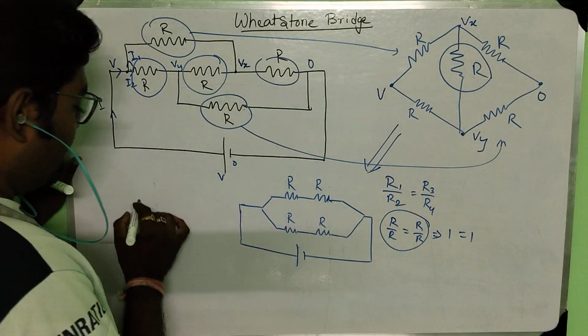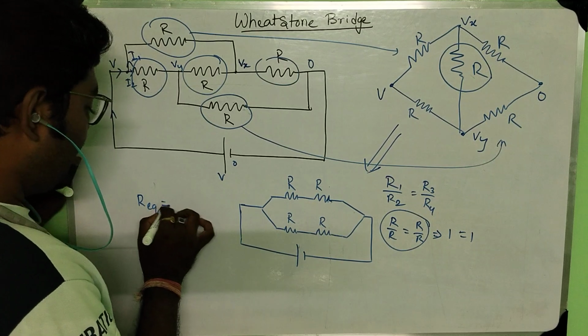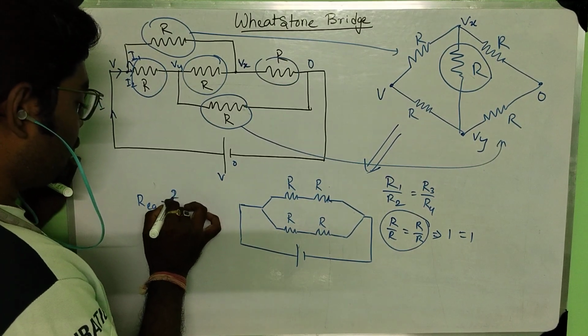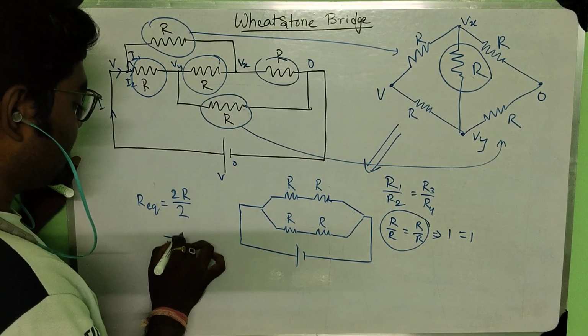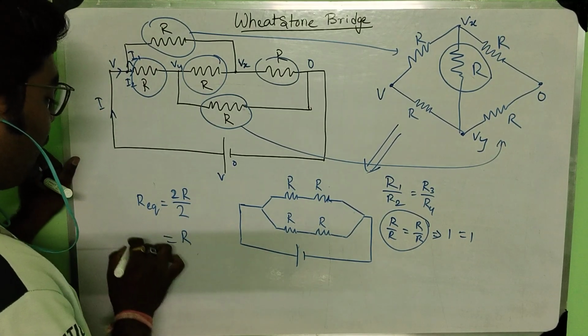Then R equivalent will be 2R by 2, that means R. So R equivalent will be R.